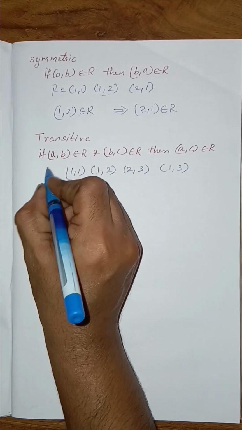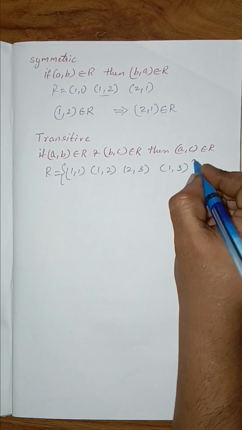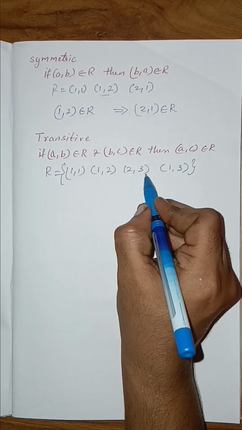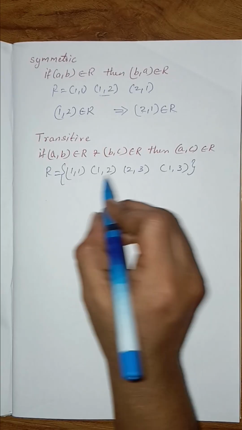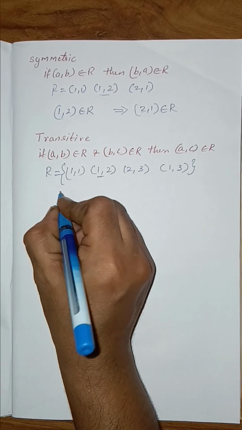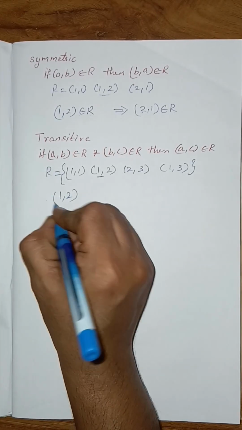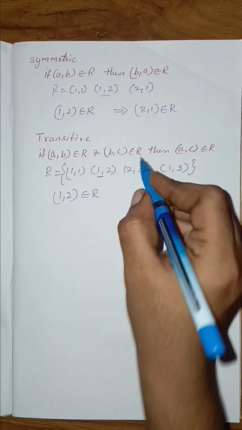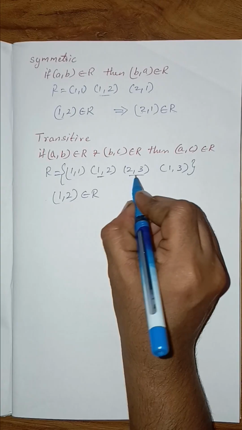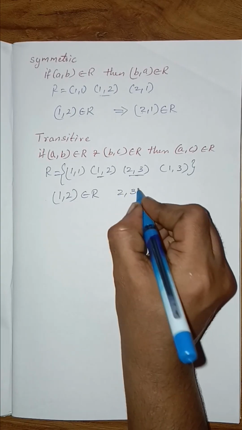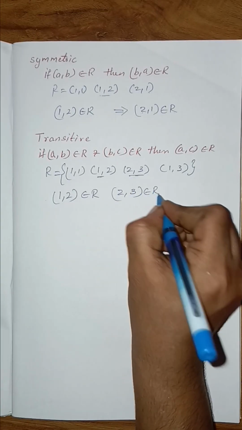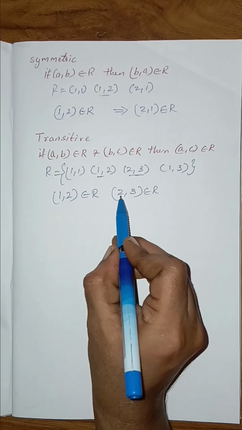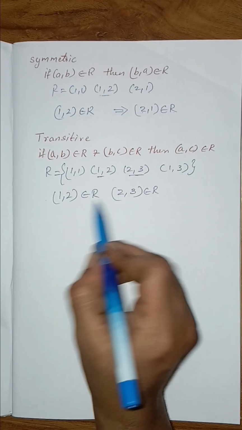So we are taking a relation with a small example: (1,1), (1,2), (2,3) and (1,3). If we take 1,2, it belongs to R. Then the other element is 2,3, so 2,3 should also belong to R. Here the second element of the first ordered pair and the first element of the second ordered pair are the same.